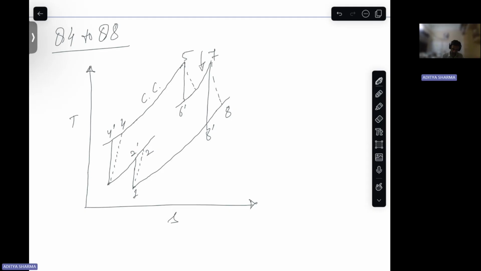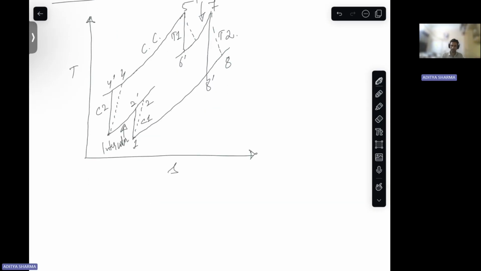This is for your reheater. This is for your intercooler. This is compressor 2. This is compressor 1. Turbine 1, turbine 2. So this is your TS diagram for question number 4 to 8.